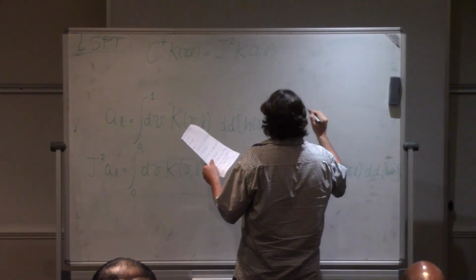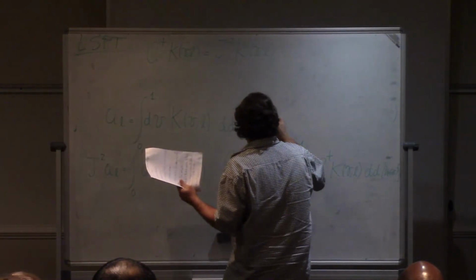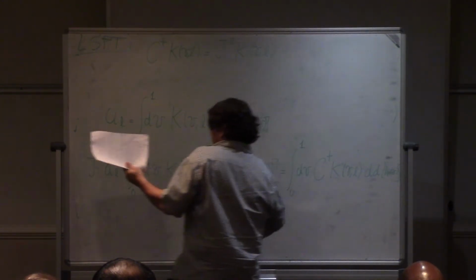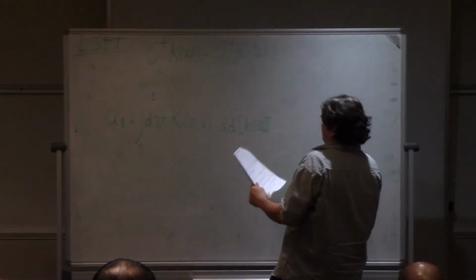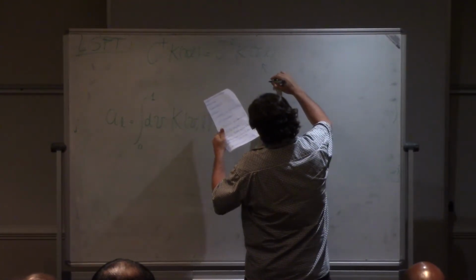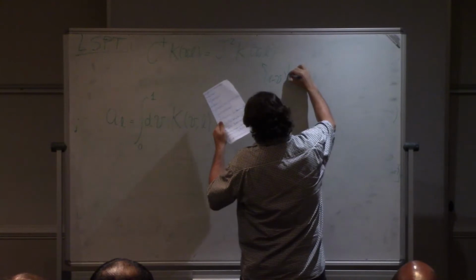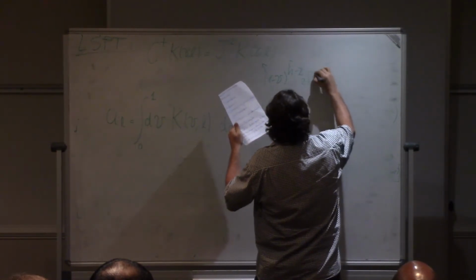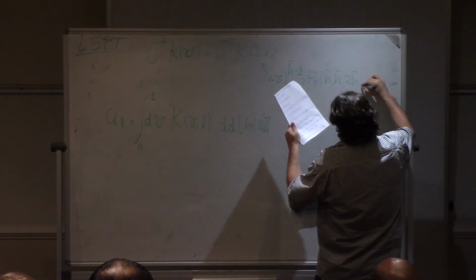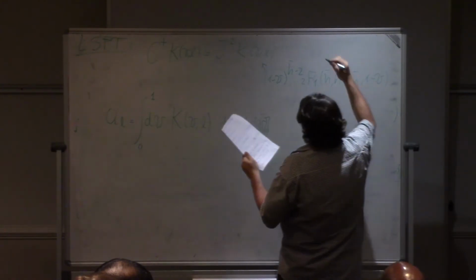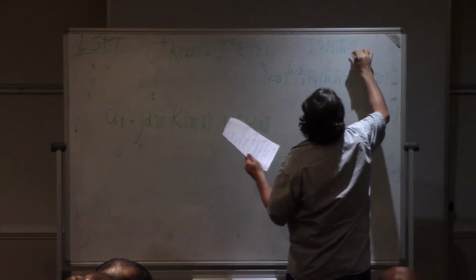I can tell you the answer if you wish, because it's quite pretty. And the answer is that this K is (1 minus v) to the h bar minus 2, 2F1 of h bar, h bar, 2 h bar, 1 minus v, where J squared is defined as h bar times (h bar minus 1).